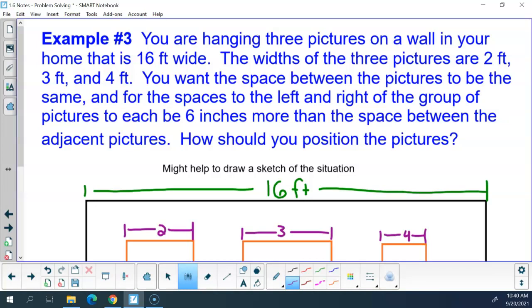S. Or X or any letter, right? But that space, this space right here, is the same. Right? Okay. We have two more gaps to fill.